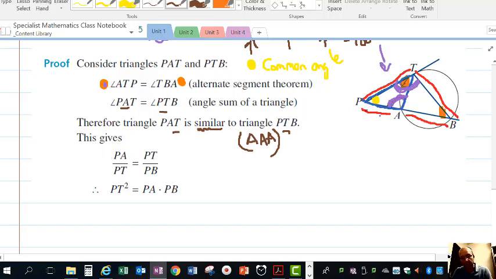PA along here in regards to PB is the same comparison, so PT, that and that is the same as PT over PB. And we can rearrange that, again cross multiply or rearrange, and you get that there.